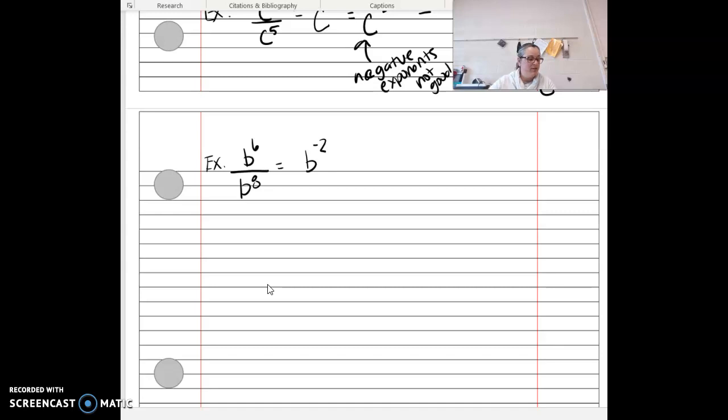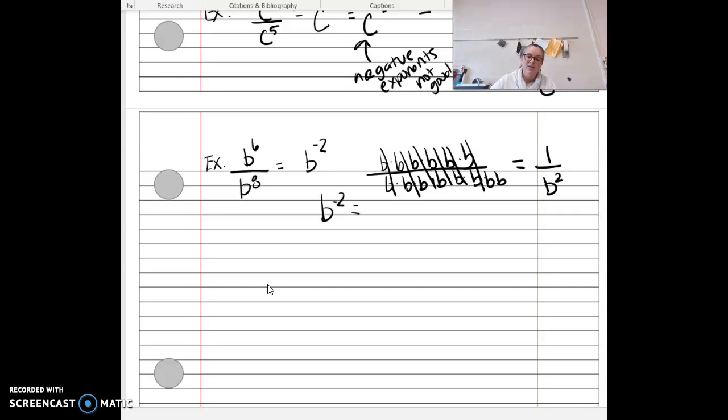So if I were to expand all this out, I'd have b times b times b times b times b times b, 6 of them, divided by b times b times b times b times b times b. There's 6, 7, 8. Cancel, cancel, cancel, cancel, cancel, cancel, leaving me with 1 over b squared. So b to the negative 2 is actually 1 over b squared.